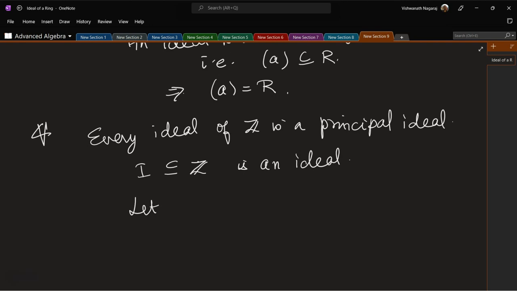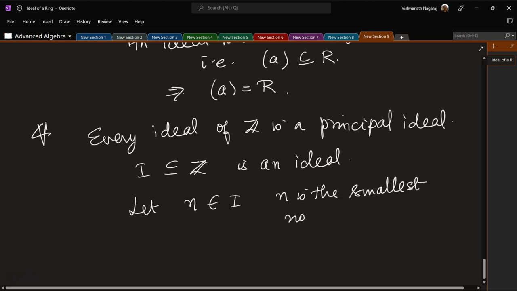Now let n belong to I, where n is the smallest non-zero positive number. Which implies that I can be generated by n.